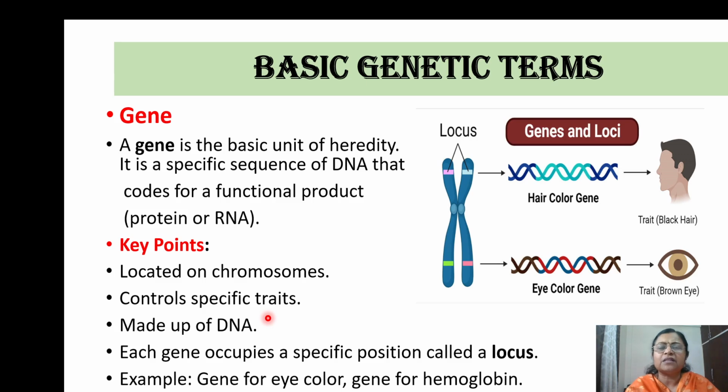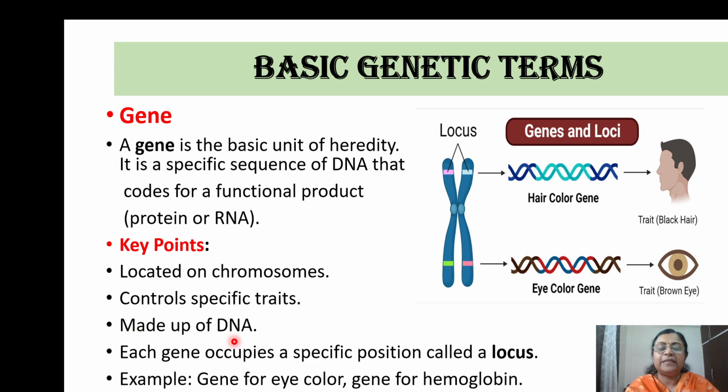Traits means phenomena like hair color. When offsprings obtain the exact hair color from their parents, it is because of the hair color genes. These genes might be located at this site, at this locus. Eye color genes, so at this site of the chromosome, the genes are present which determine the eye color of an individual.